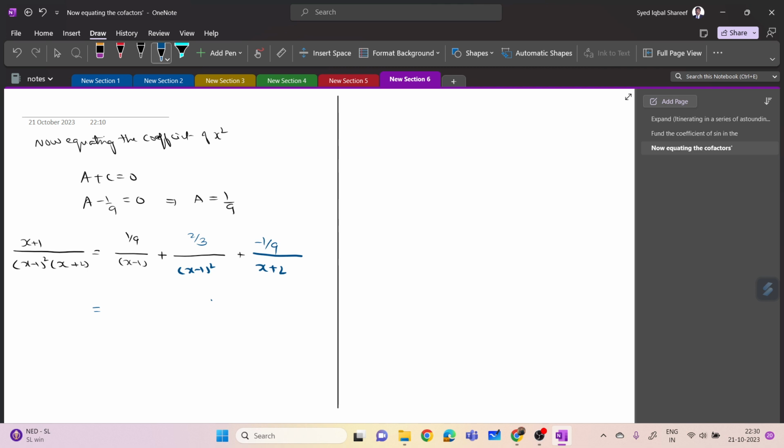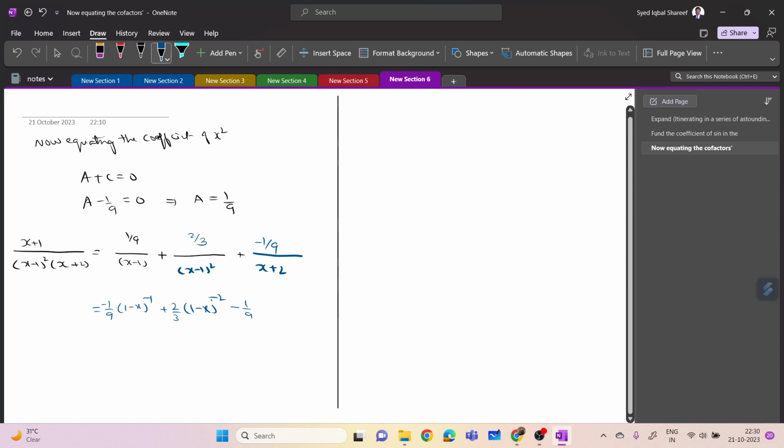So now this is 1 by 9, (1 minus x) to the power of minus 1, plus 2 by 3, (1 minus x) whole to the power of minus 2, minus 1 by 9.